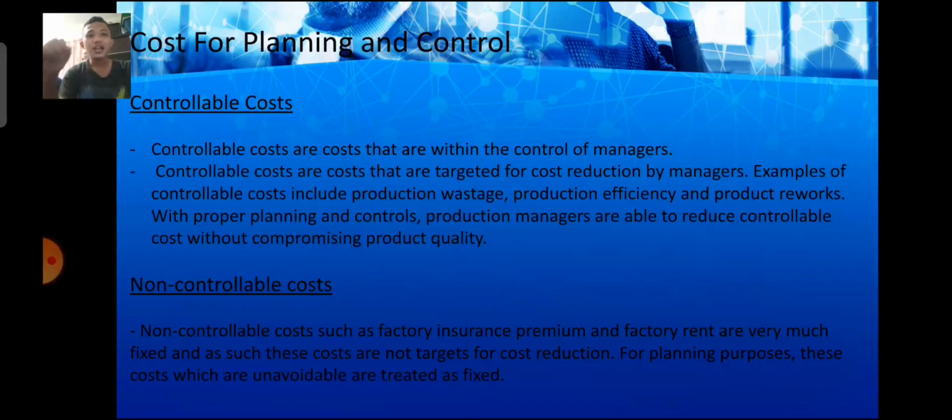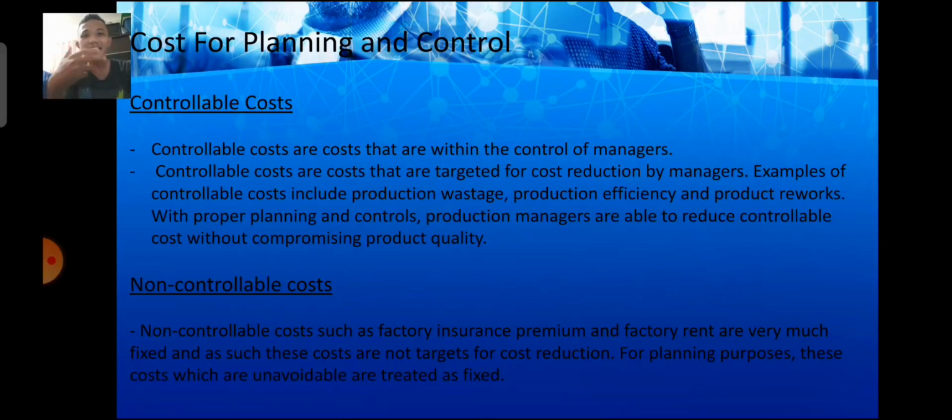It means the manager can control the cost, depending on the manager and the manager's knowledge, for example if the manager has made early preparation for analysis.